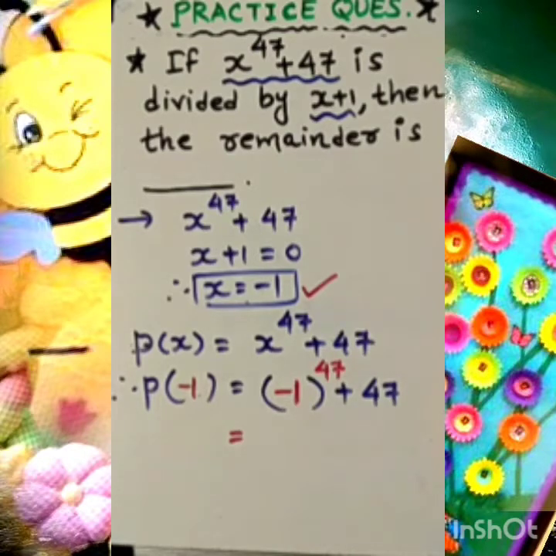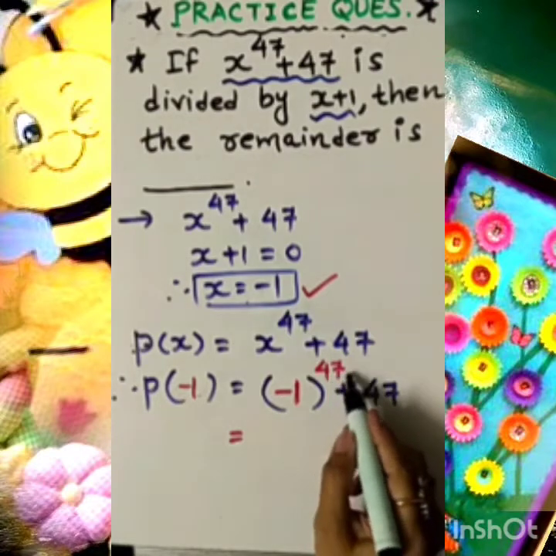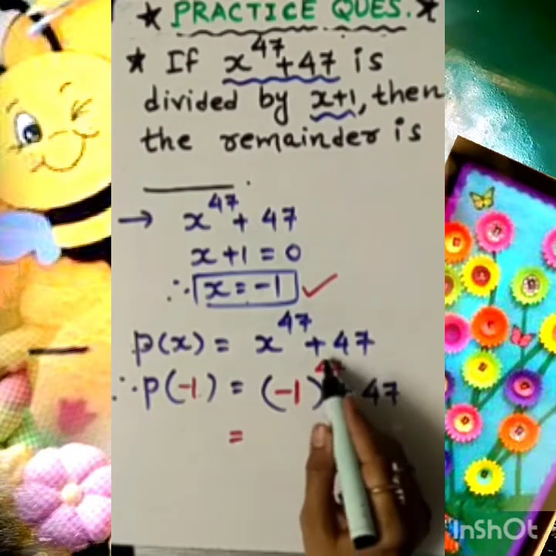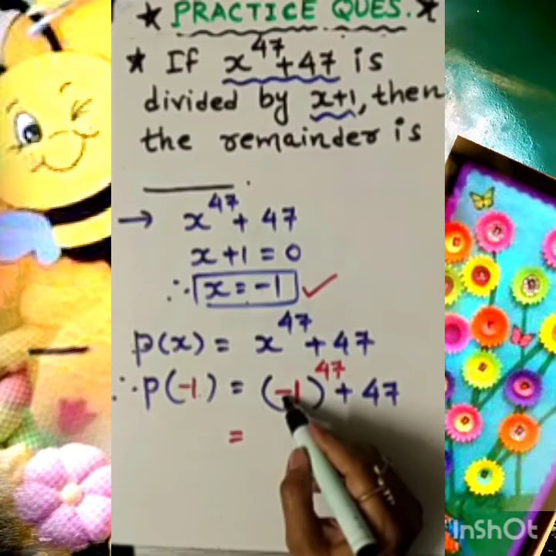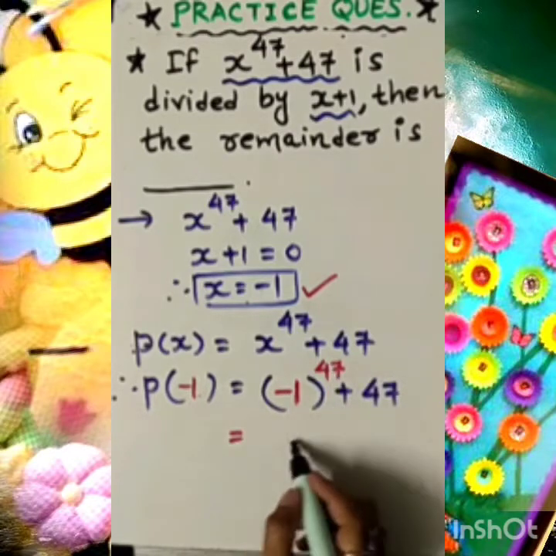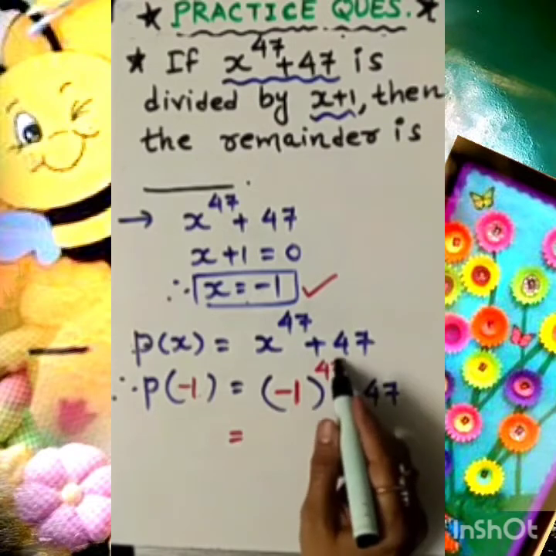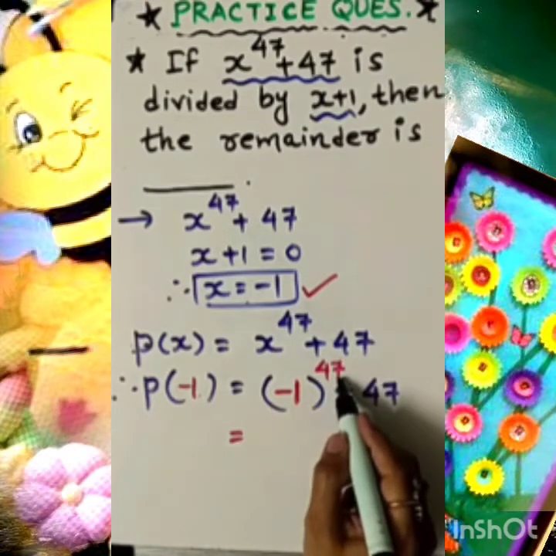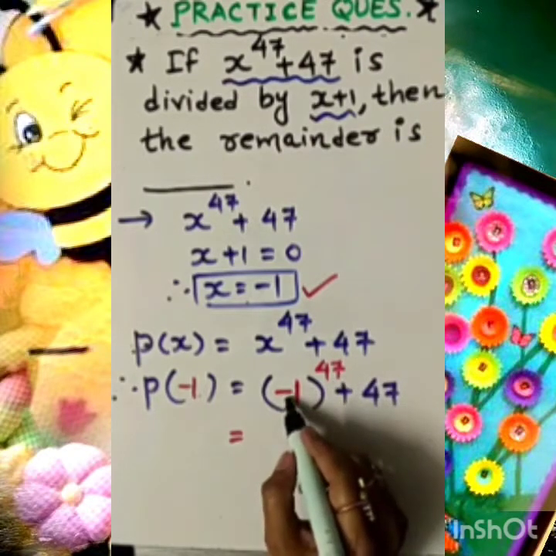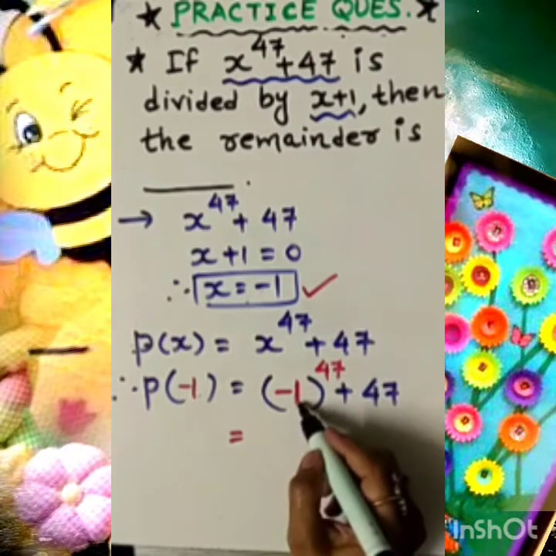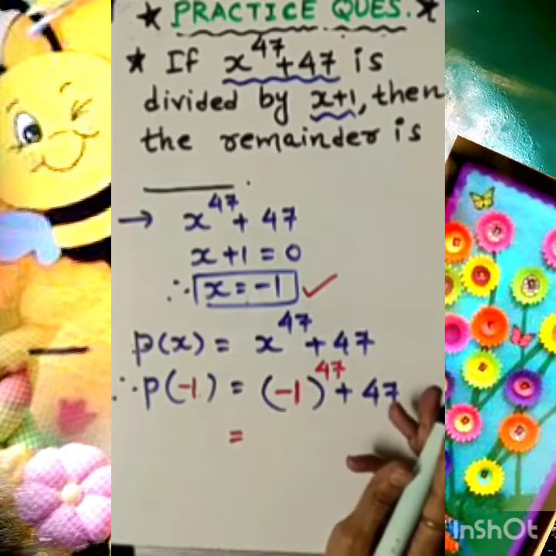The simple thing, beta, is to use your common sense. Whenever we have an even number as the power of a negative number, the answer will be positive. And whenever we have an odd number, as here 47 is an odd number, and the negative number is there, and 1 is there, so 1 into 1 into 1 is all the time 1.